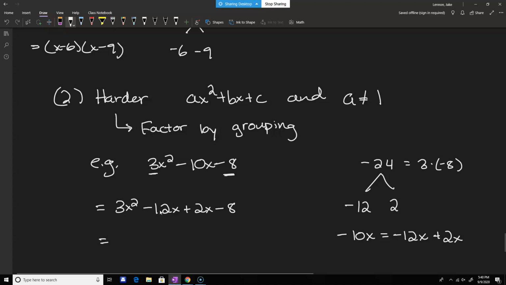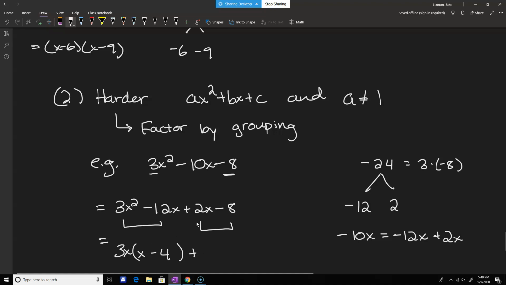And at that point, we can group them again like we did in the previous problem, where we just try and take out the greatest common factor. So the greatest common factor of 3x squared and minus 12x is 3x. So we have 3x, and then what would go inside the parentheses? Well, 3x times x would make 3x squared, and 3x times minus 4 would make minus 12x.